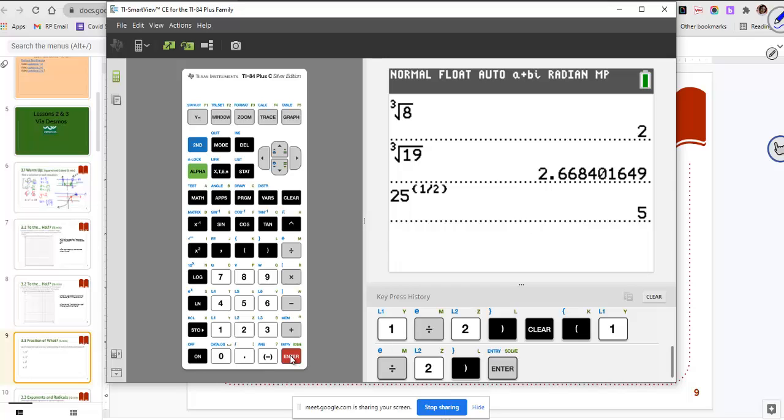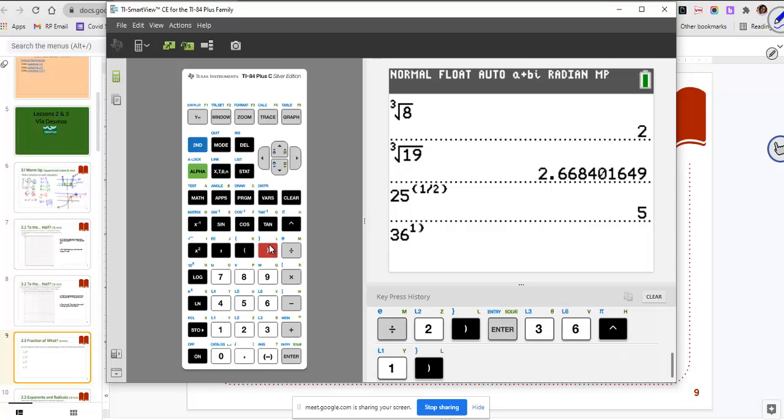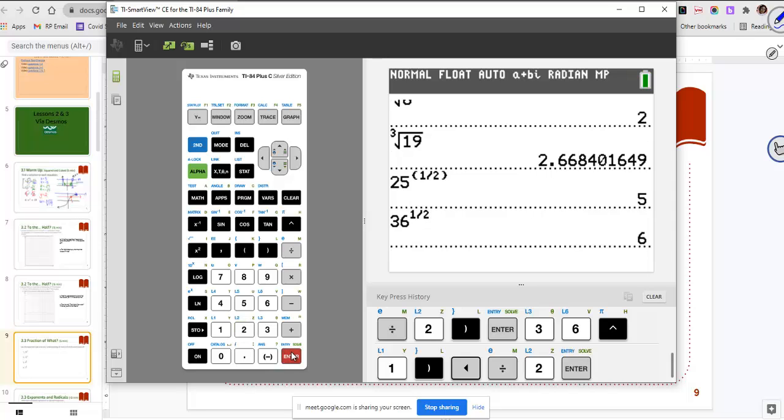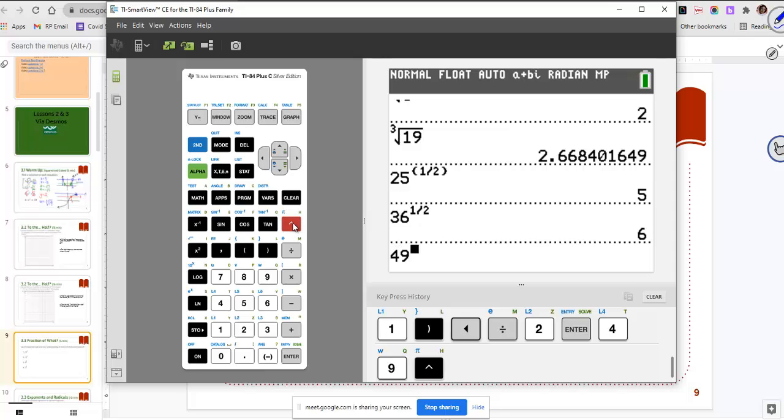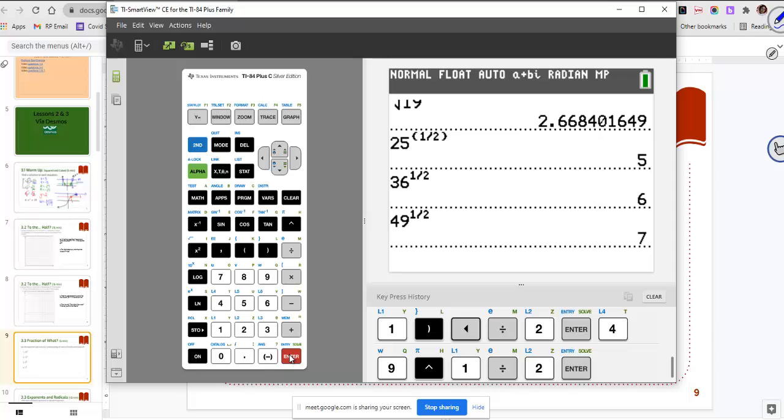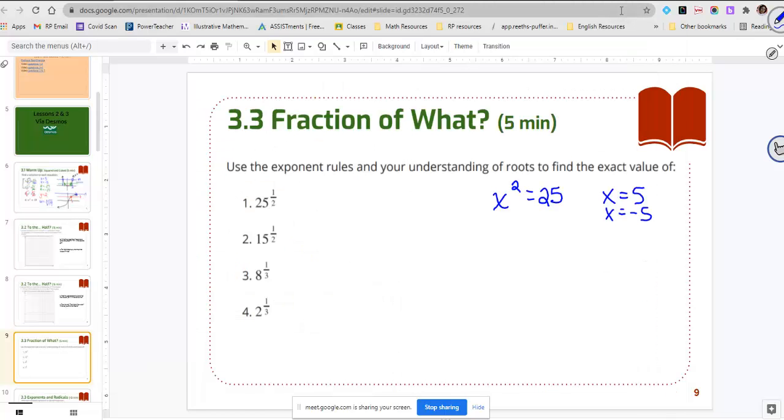And it's telling me 5. 36 to the 1/2 power is 6. 49 to the 1/2 power is 7. Do you see how we can make a connection now about what a 1/2 power is looking like? 25 to the 1/2 power is 5.